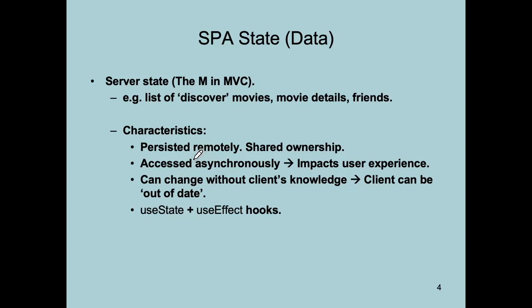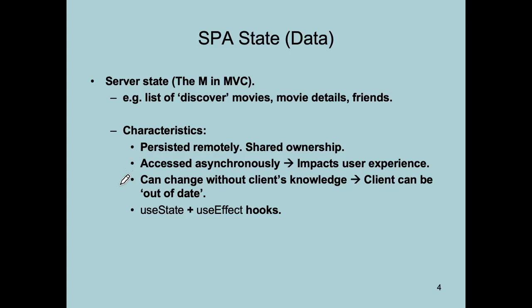It's accessed asynchronously because it's over a network. I'm saying here it can change without the client necessarily knowing it. So let's suppose we had the ability to make changes to a movie's details. Okay, let's just imagine that.